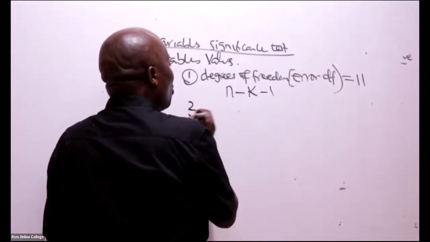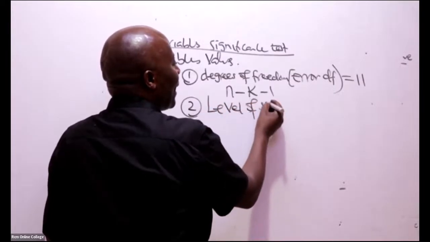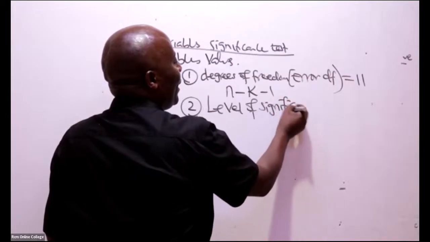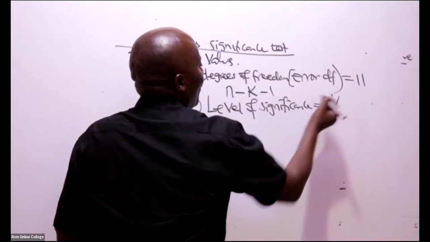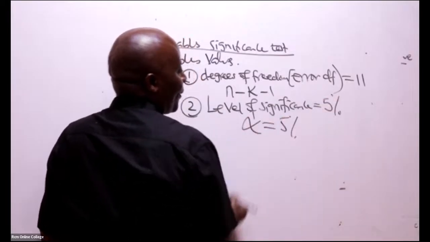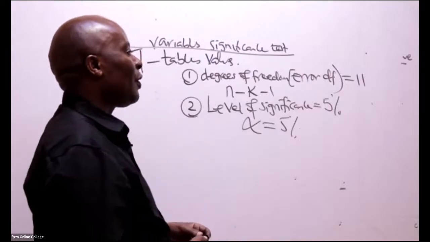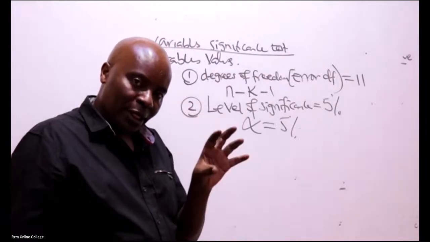And number two, I need the level of significance, which in this case is 5%. Those are the two items that I need to be able to read the T tables value.